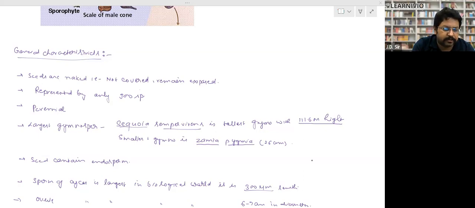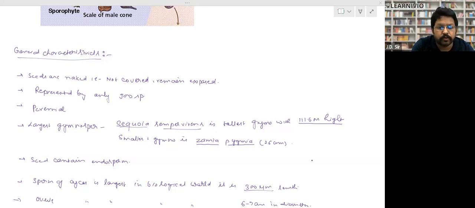Next point. Seed contains endosperm. What is endosperm, by the way? Any idea, Siddhika? It's a tissue.